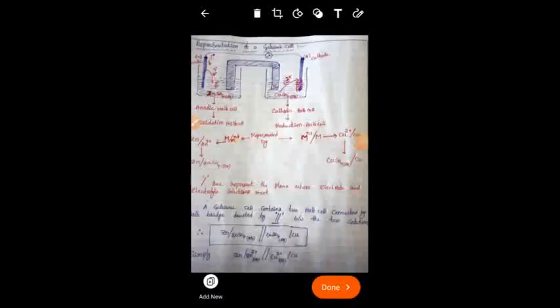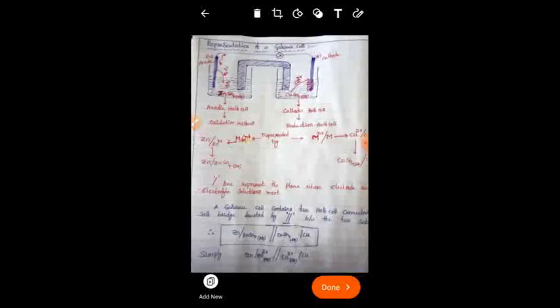So look here, Zn/Zn2+ and Cu2+/Cu, slashes or vertical lines are there.